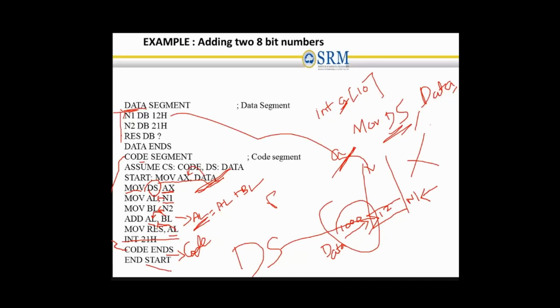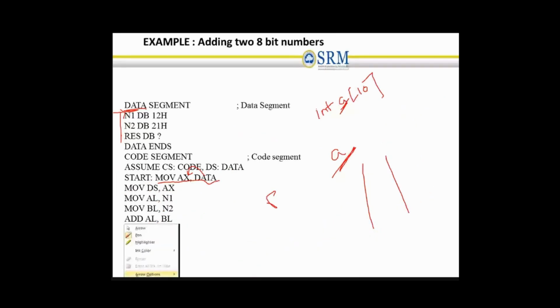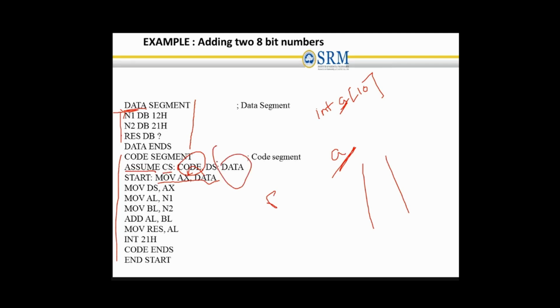So now what is given here? The first part is the data segment. You declare all the variables in the data segment and the program comes in the code segment. The first statement of the code segment should be assume. We are telling that the name code is given to the code segment register and the name data is given to DS. After that you should put start colon. This is similar to the main function in C language.